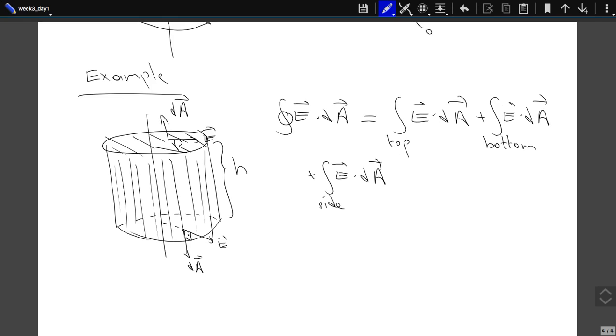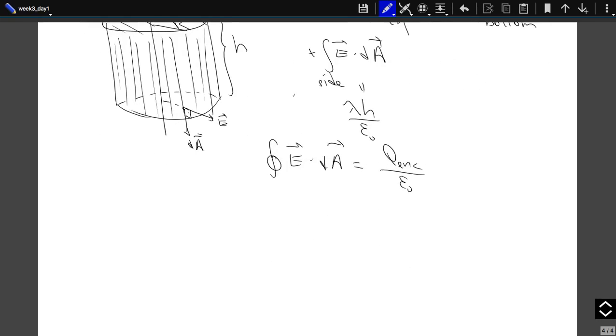The only one left is the side, and that is what we had already calculated. So this is 0, this is 0, and this one we had already obtained: lambda h over epsilon 0. And this is just a verification of Gauss' law: E dot dA is equal to the total enclosed charge over epsilon 0, again for this case.